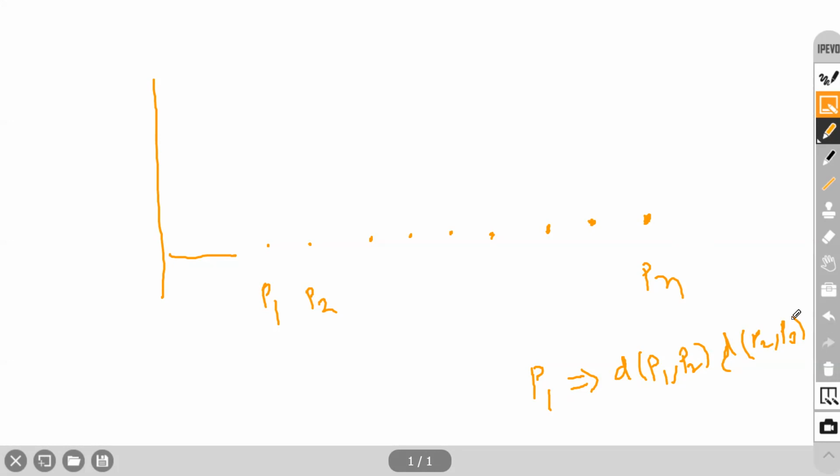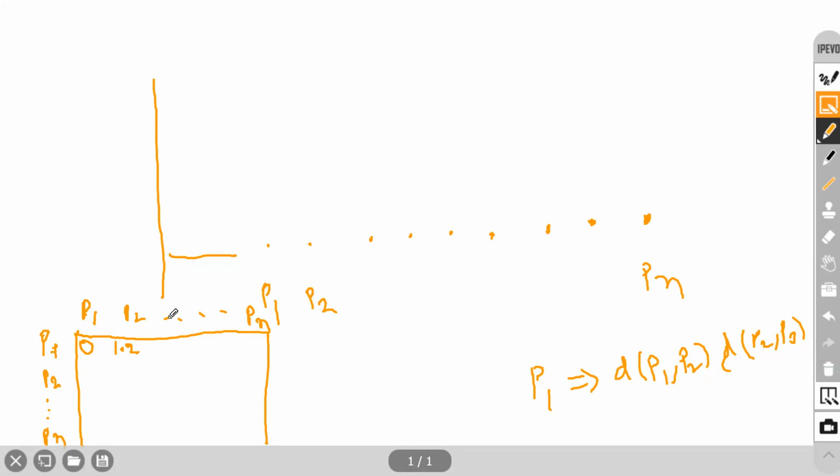So you create a matrix with P1, P2, up to Pn, and here also P1, P2, Pn. You understand the matrix, right? Here P1 to P1 distance will be 0, correct? Now P1 to P2 there will be some distance, suppose 1.2.